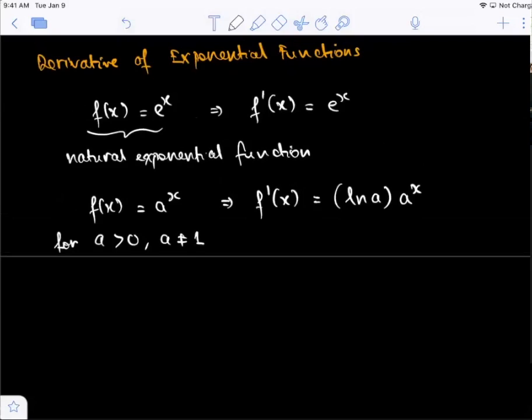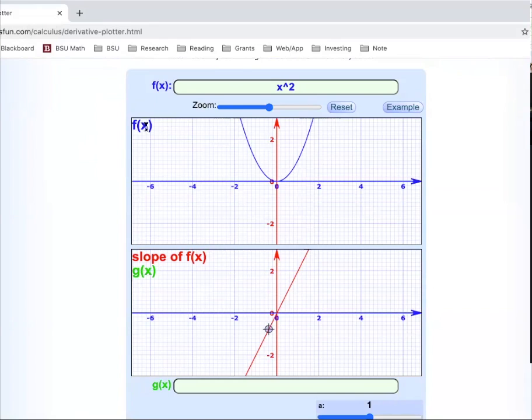Before I do some examples for the derivative of exponential functions, I want to show you some graphs, some simulation, just to see the relation between the graph of the original function and the graph of the derivative function. There are two functions, f of x in blue and the slope of f of x, that means the derivative of f of x, right?